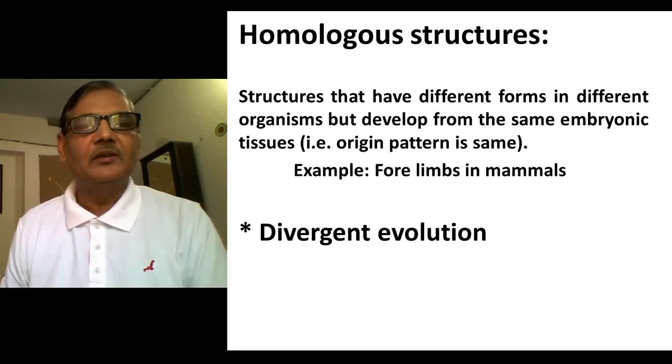The example of homologous organs can be the four limbs in mammals. And see, the homologous organs are the best example of divergent evolution.